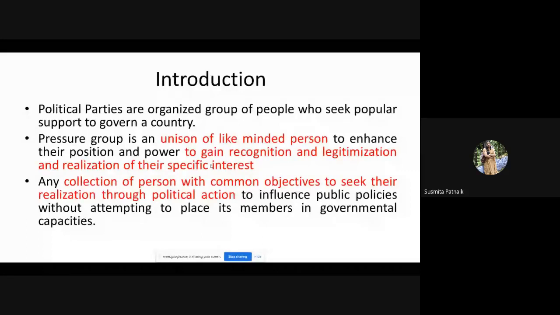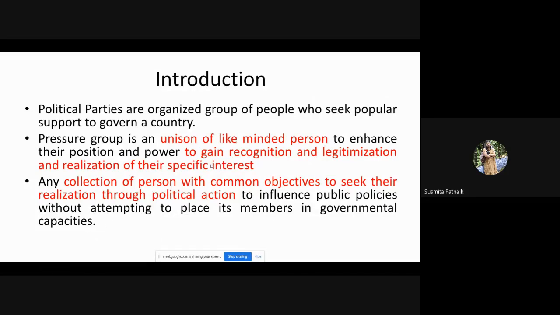It is an organized group of people who seek popular support to govern a country, while a pressure group is a union of like-minded persons to enhance their position and power, to gain recognition, legitimization and realization of their specific interest. What are the differences between them?